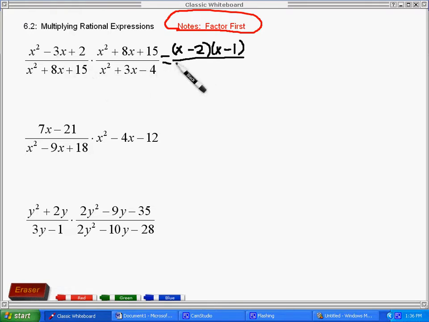Okay, now the bottom factors into x plus 3 times x plus 5.